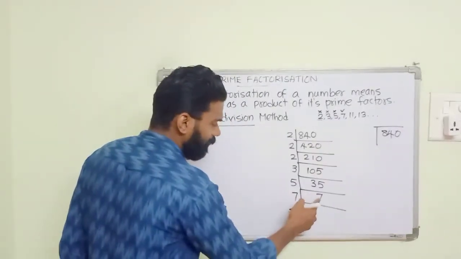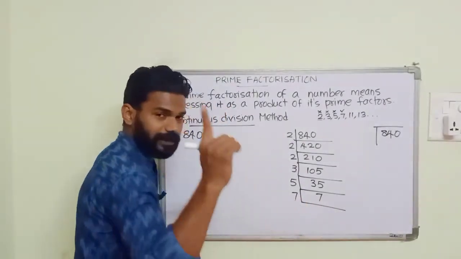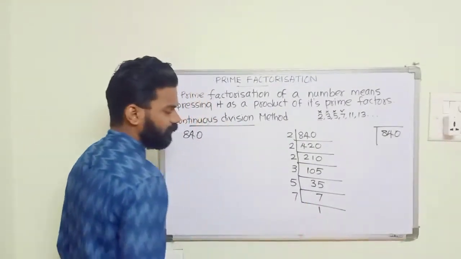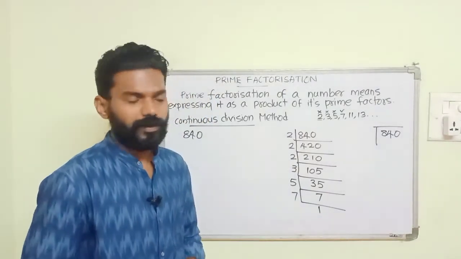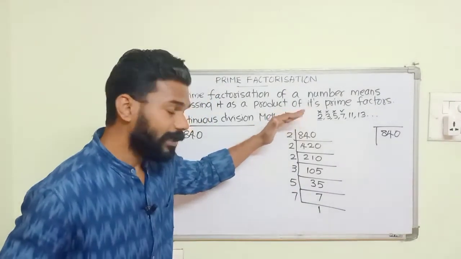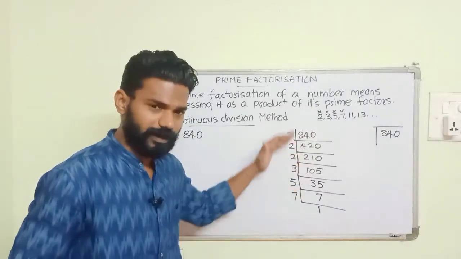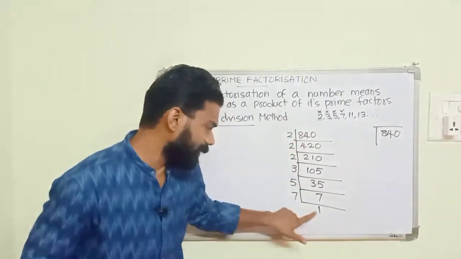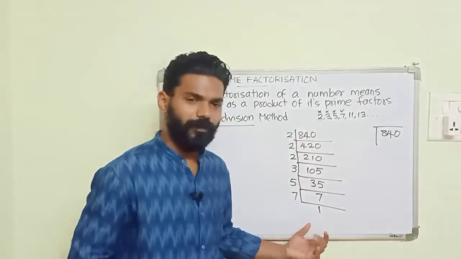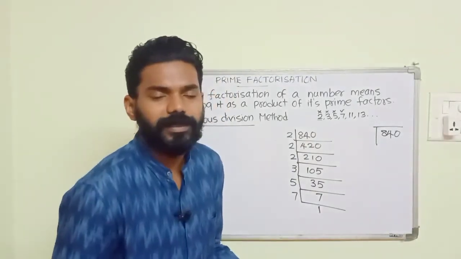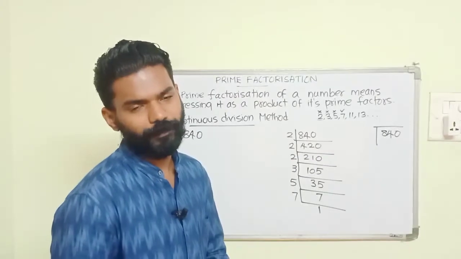And in 7 there is exactly one 7. So finally you got 1 at the bottom. So you have to continue this continuous division until you get 1 at the bottom. So now we got 1 at the bottom, so we shall stop our division.